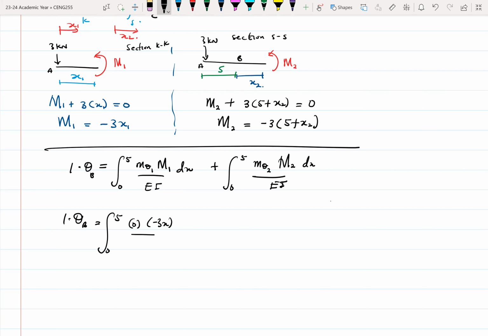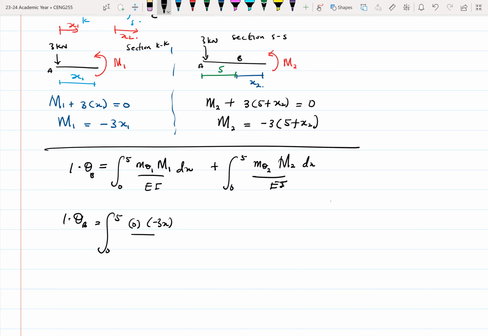Sometimes when you are solving these problems, you could have one moment equation for the real beam which works for the entire length of the beam, but moment equations for the virtual beam which are different for different spans.